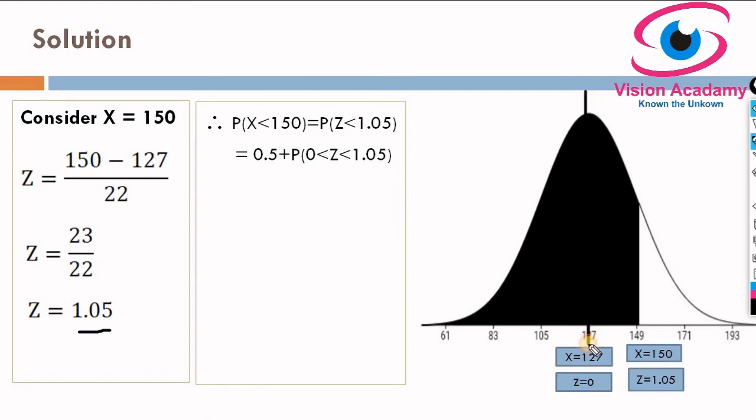Here at 127, this divides into two areas. One is negative infinity to the left side and one is positive infinity to the right side. Since one area is completely shaded, negative infinity is completely shaded, and another area is partially shaded, I am going to add 0.5 because our interested area covers both regions, upper tail and lower tail.